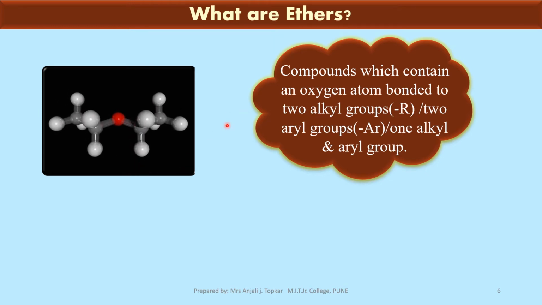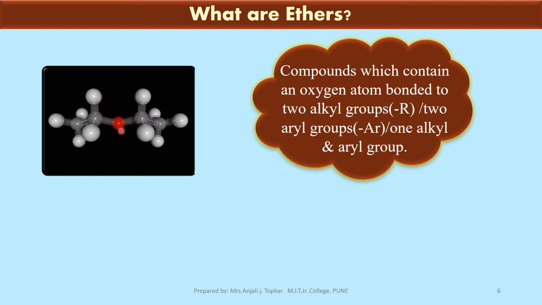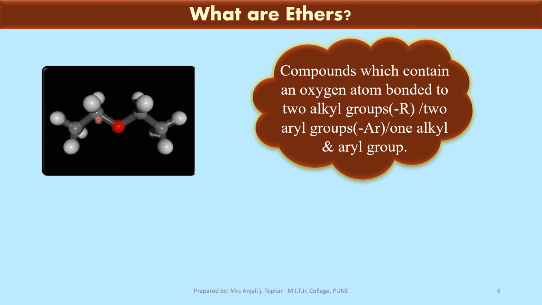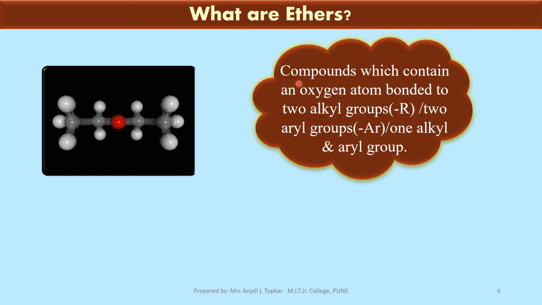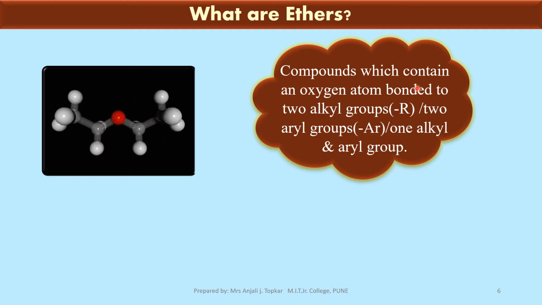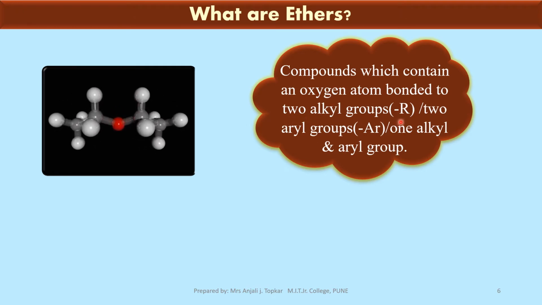Here we find this is the divalent oxygen atom to which alkyl groups are attached. As we can see here, compounds which contain an oxygen atom bonded to two alkyl groups, which is indicated by R, or two aryl groups indicated as Ar, or one alkyl and one aryl group, are said to be ethers.